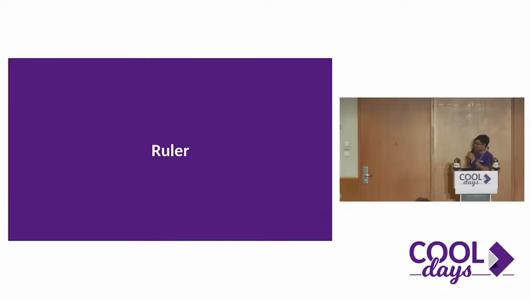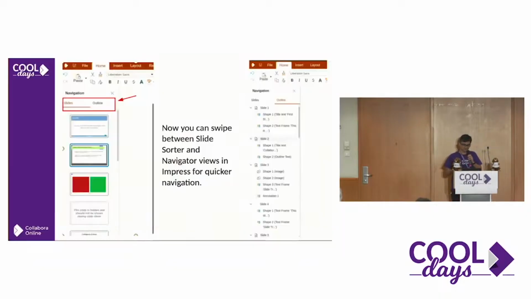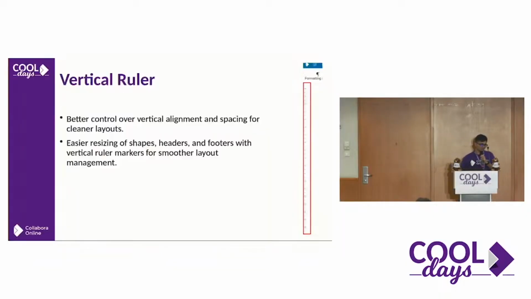Now there is a very short topic on what we improved on the ruler side. We already had a ruler in Writer, but there was some missing part, like the horizontal ruler was not there, and the ruler is also missing in other apps like Impress and Draw. So we did some improvement and added a vertical ruler on the document in Writer.